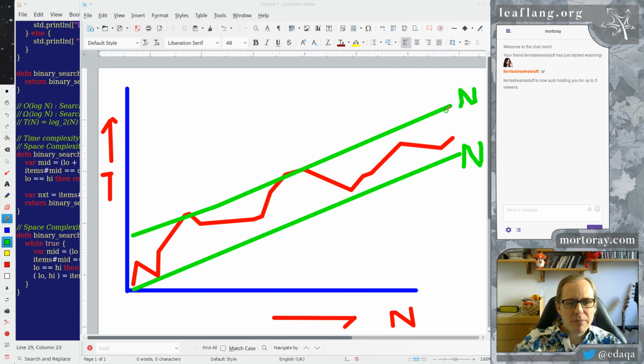Again, this could be multiplied by some value, or we could have some base offset. It doesn't matter. The point is this is a linear line, so we're just calling it n. And the fact that it's an upper bound makes this big O of n. And the fact that it's a lower bound, we just call it theta of n.